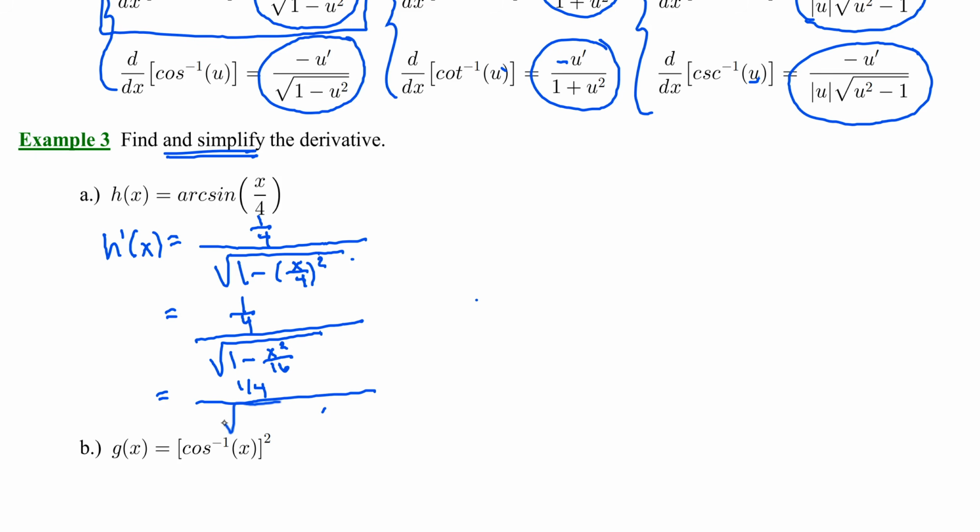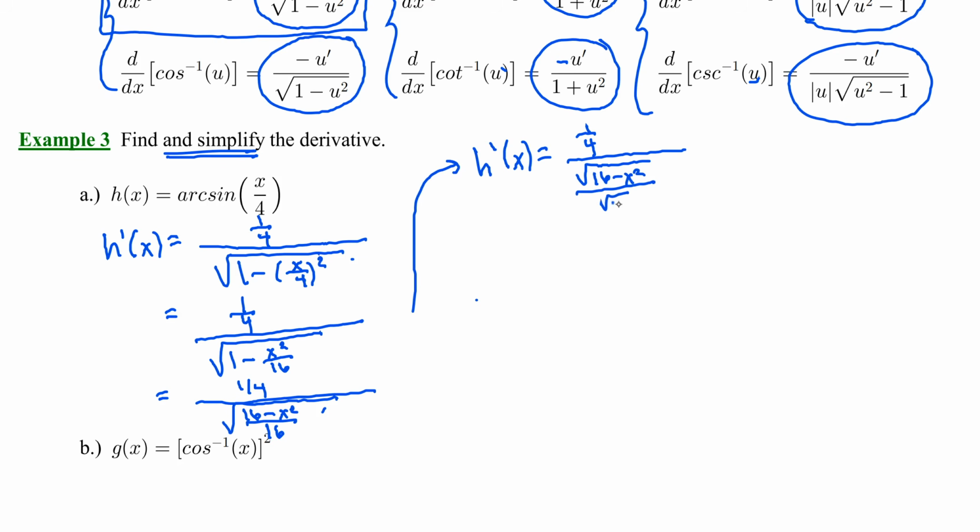We could rewrite that as 16 minus x squared over 16. Then, using rules of radicals, we could split the radical in the top and the bottom to obtain the square root of 16 minus x squared over the square root of 16. Then the square root in the denominator can simplify. So we have the square root of 16 minus x squared over 4.